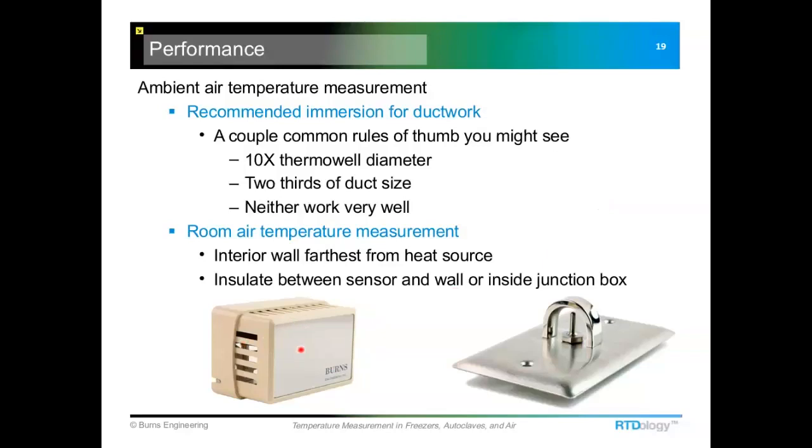So the sensor will be on the surface of the wall, but you really need to insulate that junction box so that whatever's going on behind the wall covering isn't going to affect the temperature sensor. Because you want to isolate this little sensing element. The sensor in this one is just located right behind this little grill work here. You want to isolate that from whatever's going on inside the wall that it's mounted to.